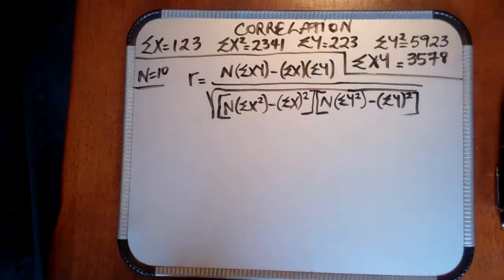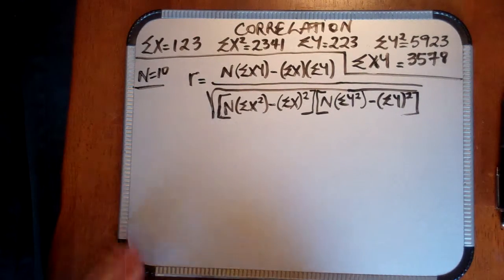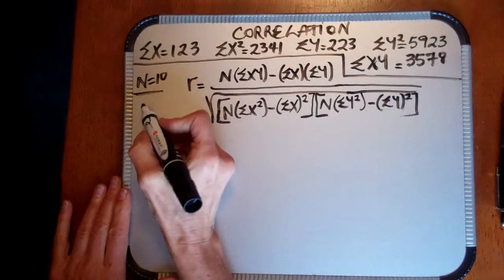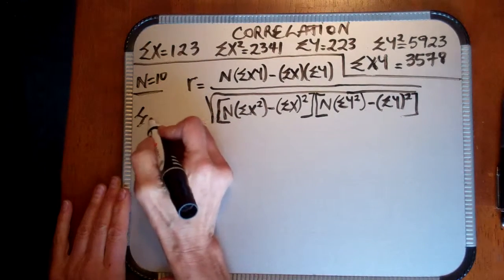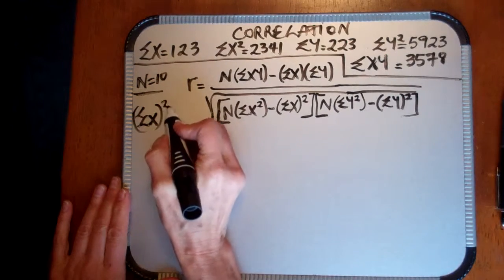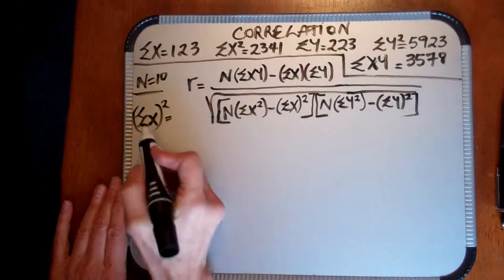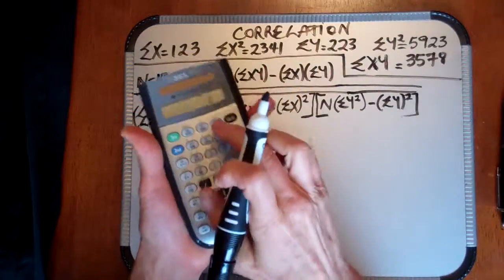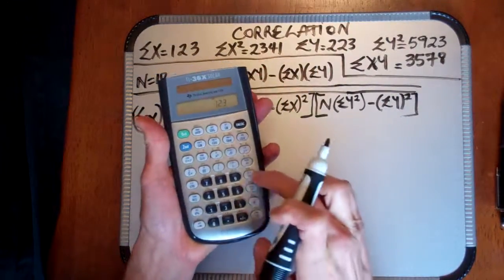Now before you calculate this through, I recommend to keep yourself organized that you calculate whatever value you don't already have before you start on the equation. It'll make your life a little bit easier. Okay, so let's just do this right now.